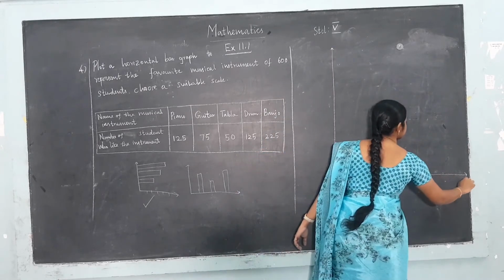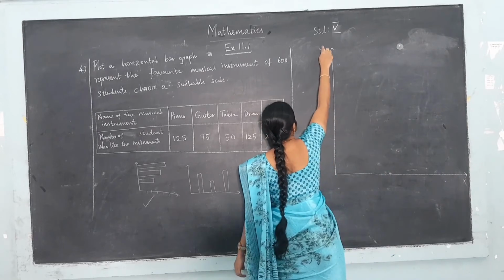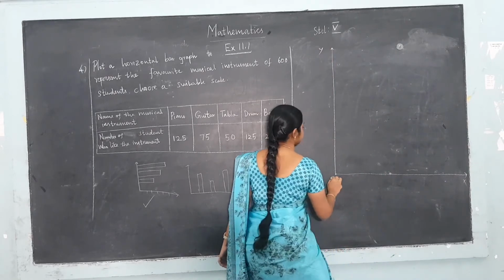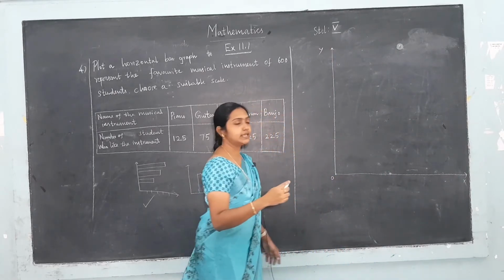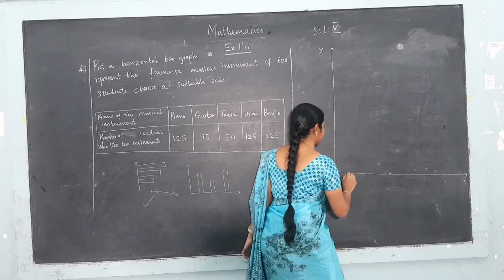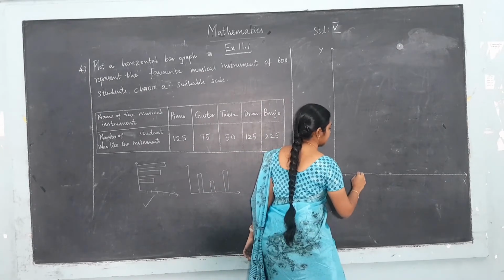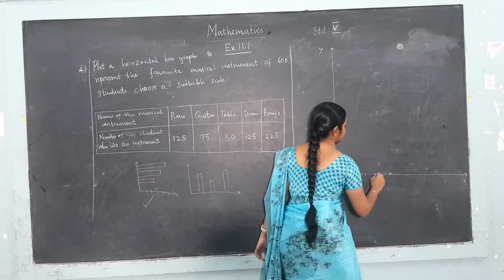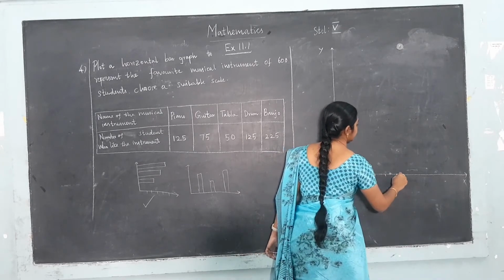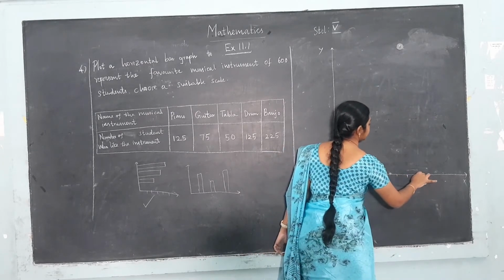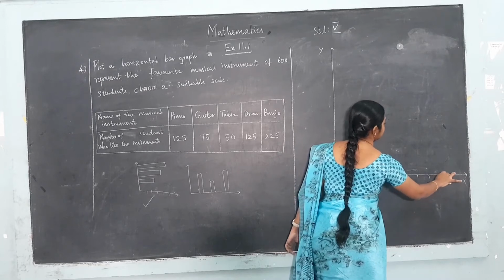This is x axis and this is y axis. Next we have to divide x axis equally. 1, 2, 3, 4, 5, 6, 7, 8, 9, 10.